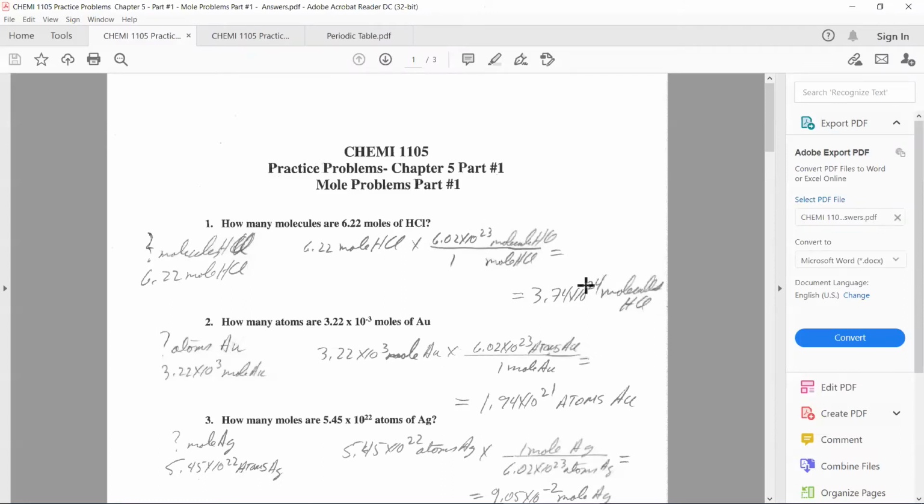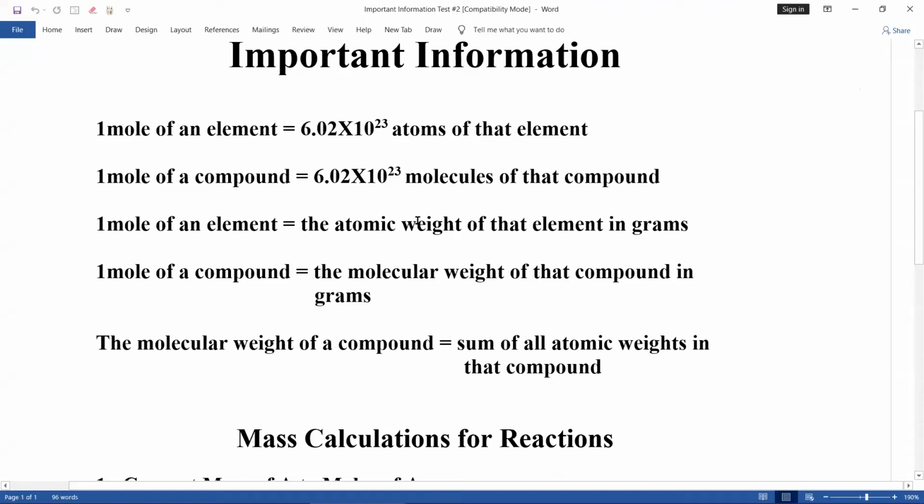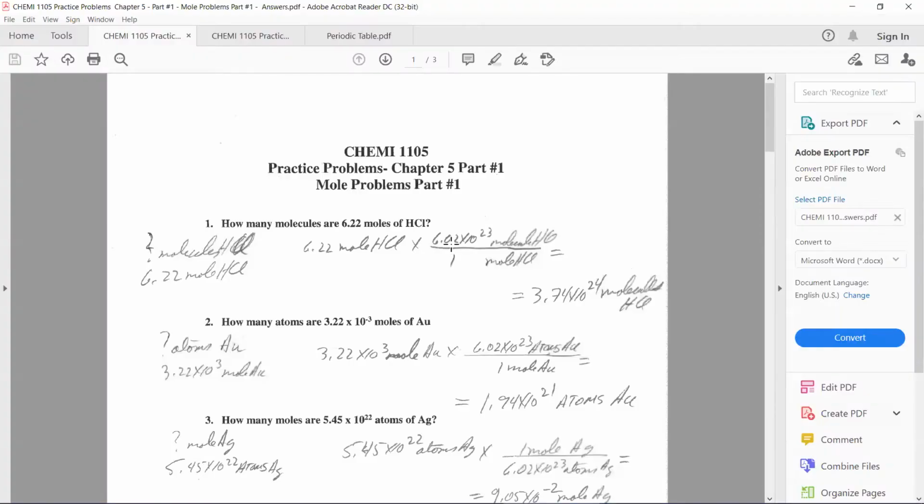If I have molecules of HCl on top and moles underneath, where do I get these numbers to go in there? 1 mole of a compound equals Avogadro's number of molecules of that compound. So on top, I put Avogadro's number molecules of HCl. Underneath, I have 1 mole of HCl.